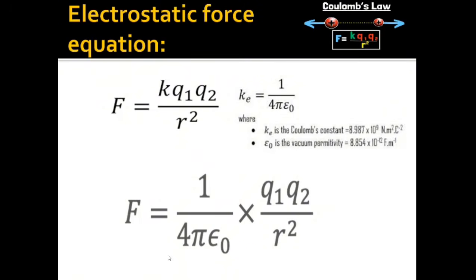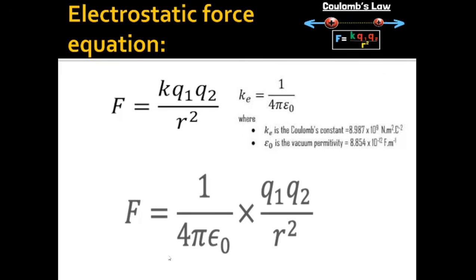And that equation is given as F equal to K Q1 Q2 all over r squared. I repeat, F equal to K Q1 Q2 all over r squared, where K is the constant of proportionality known as Coulomb's constant. And it has a value 8.987 times 10 raised to the power minus 9. That's the value.